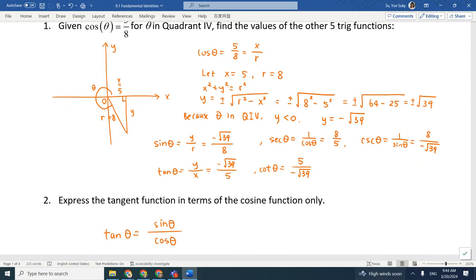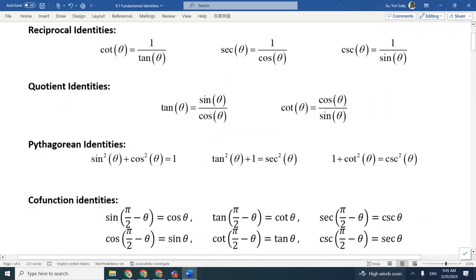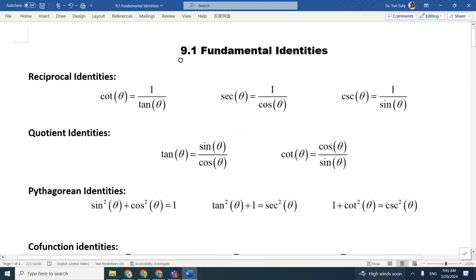But we want to express in terms of cosine only. Oh, denominator is cosine. That's good, right? But the numerator is not cosine. Can we express sine in terms of cosine? Yeah, look at the identities. Which identities involve sine and cosine?